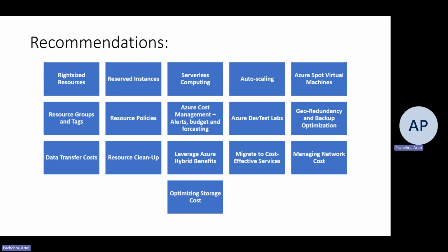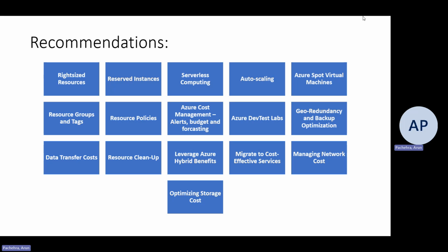But this choice is after proper analysis, right? Because you do not want to hamper any application or business. So there is a way of utilizing serverless computing, and you can save cost from that, but after proper analysis.